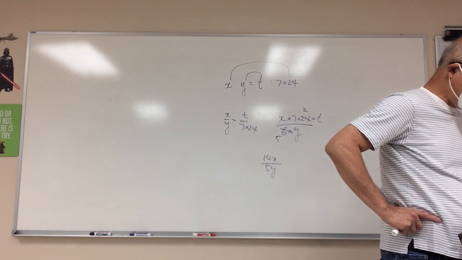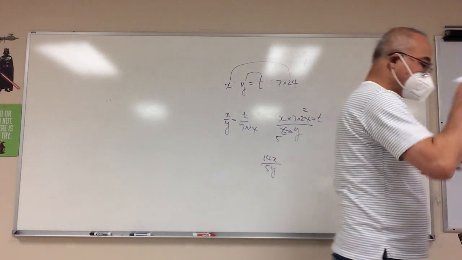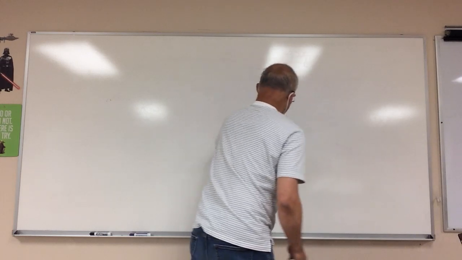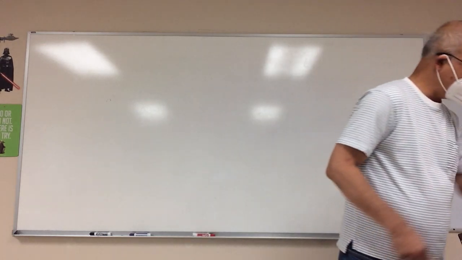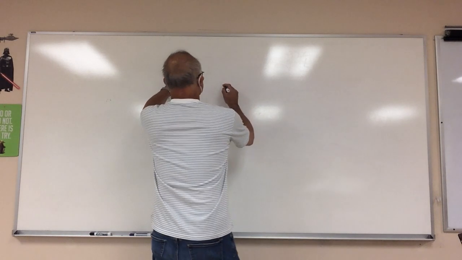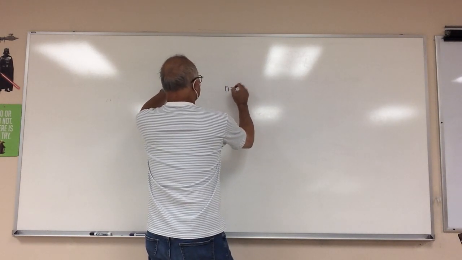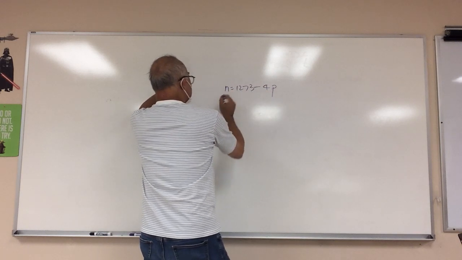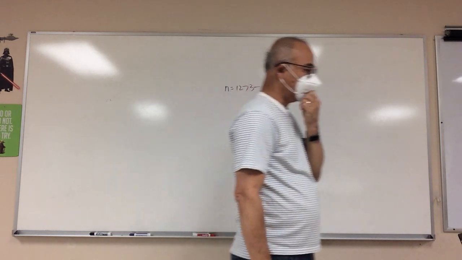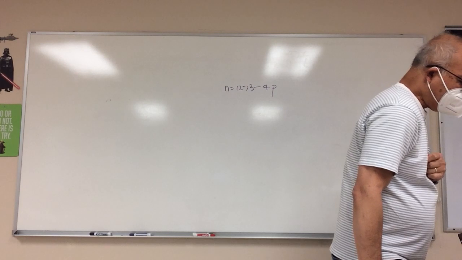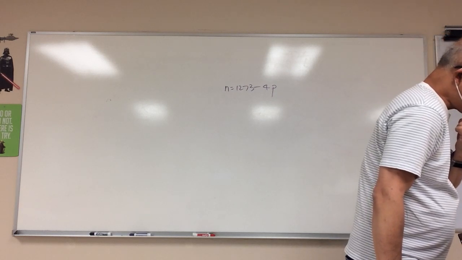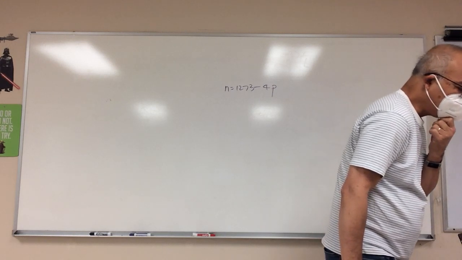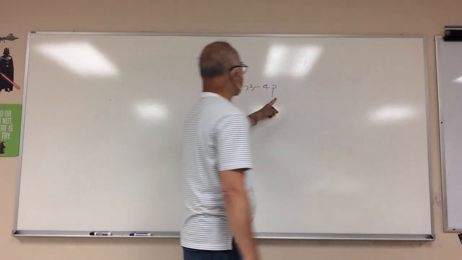What does the number 4 represent in this equation? Okay. So N is equal to 1273 minus 4p, and what is N? N is the number of slices sold, and this is the price of the pizza.